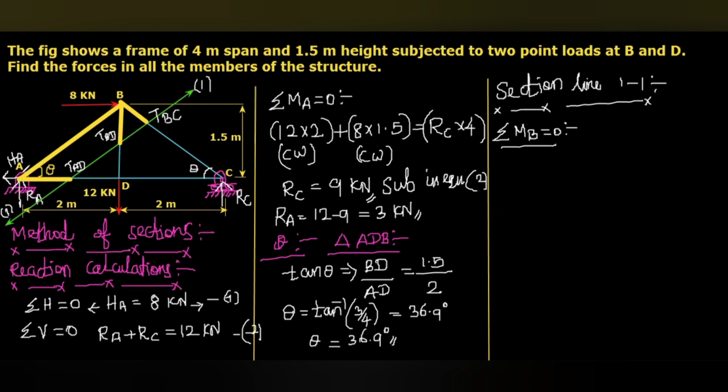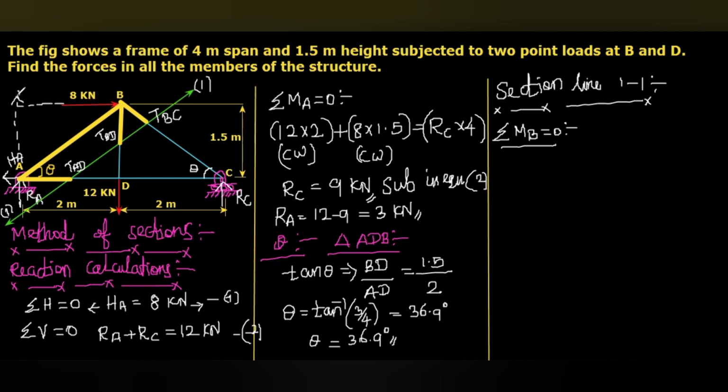For example, RA. Here you can see RA is an upward force. It is acting like this, in this line we can take. And from the point B, this will be the perpendicular distance, which is equal to AD, which is equal to 2 meter. So we can take this RA, an upward force, multiplied with 2.